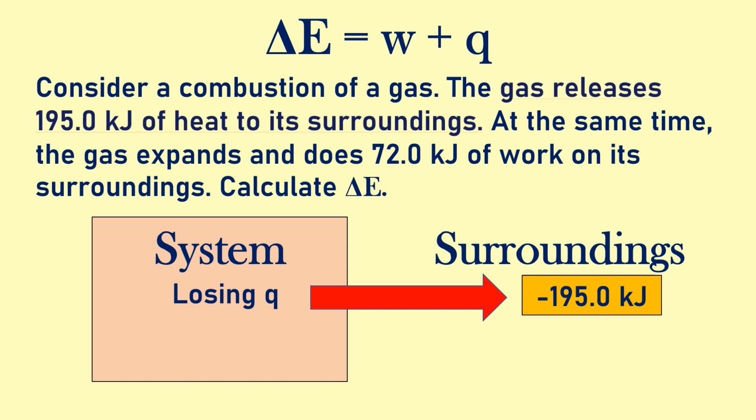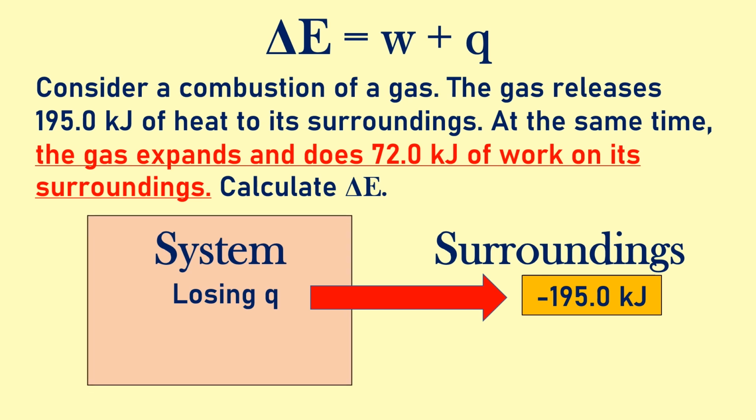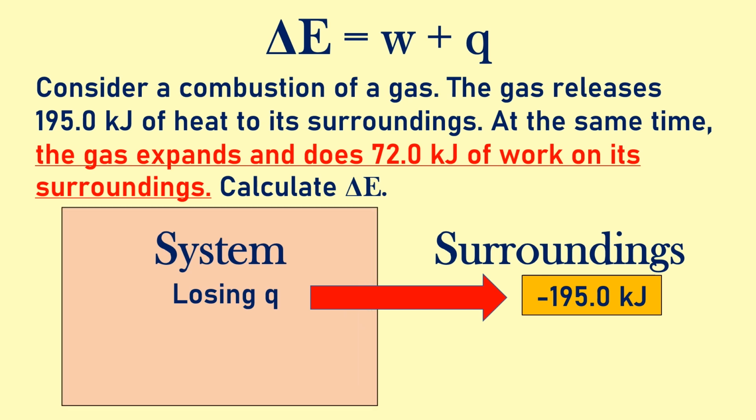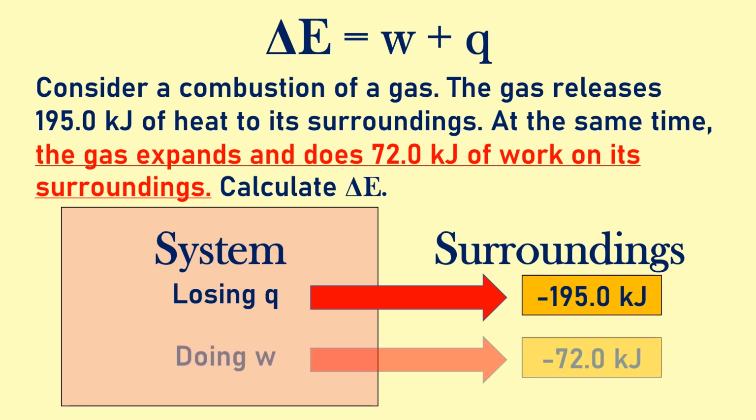Let's reset and look at the work. Try reading the statement without the data. The gas expands and does work on its surroundings. You can think of the system expanding and pushing out in an organized fashion toward the surroundings. The gas is losing energy in the form of doing work. In this example, it is losing 72.0 kilojoules of energy.